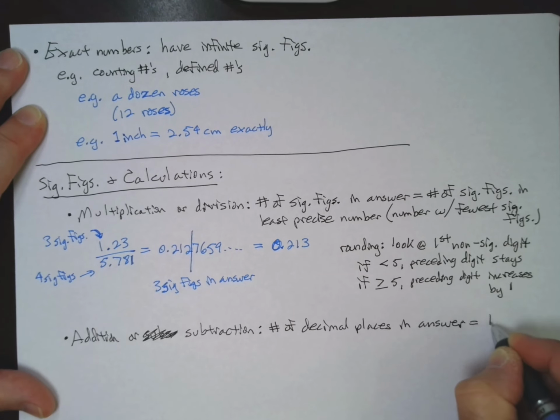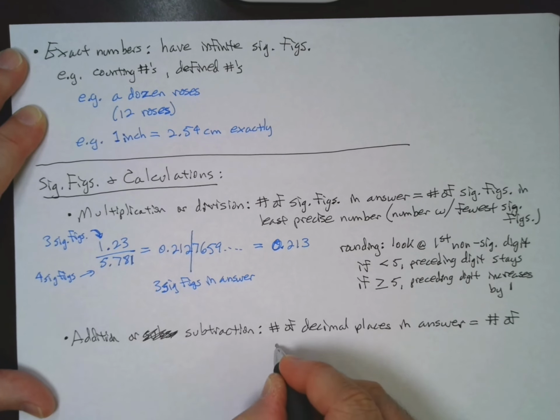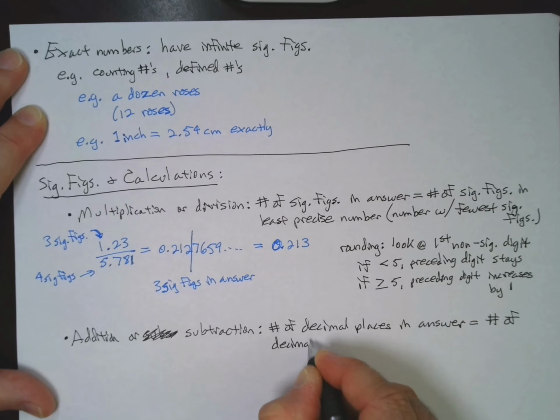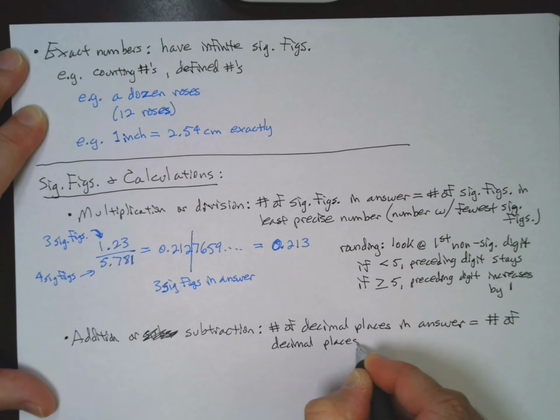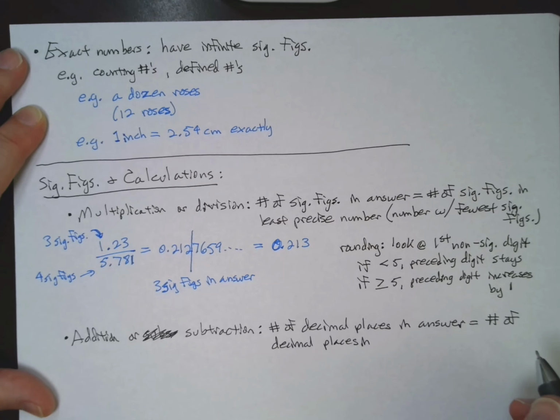And that equals the number of decimal places in the number that has the fewest decimal places.